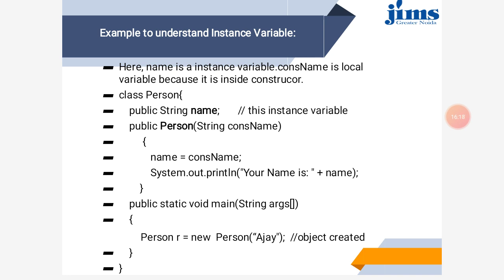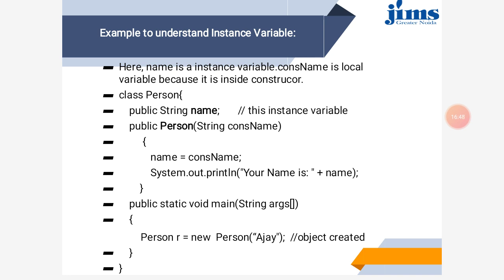In this class, Person is a class, and there is one instance variable here, that is name. It is public and its type is String, and it contains one method, that is the Person method. One very important thing is that the Person class name and the Person method name are the same. So what is this Person method?